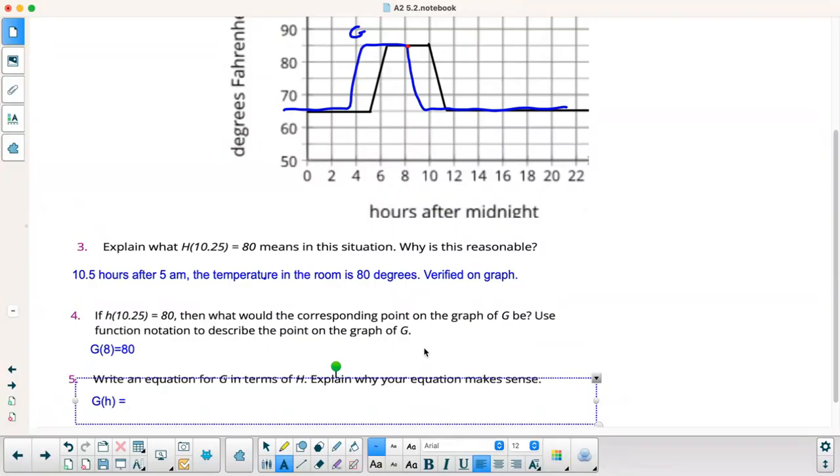So it's going to be H of H plus 2. Okay, and that'll shift it left 2. Maybe I should have used X. Let's use X.